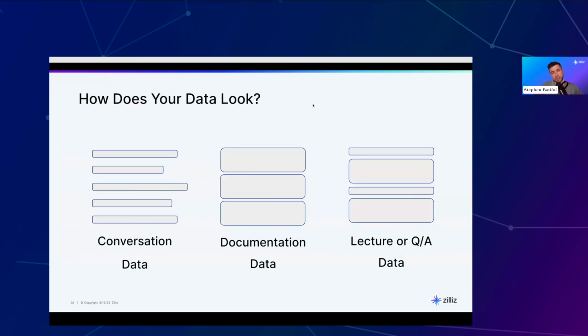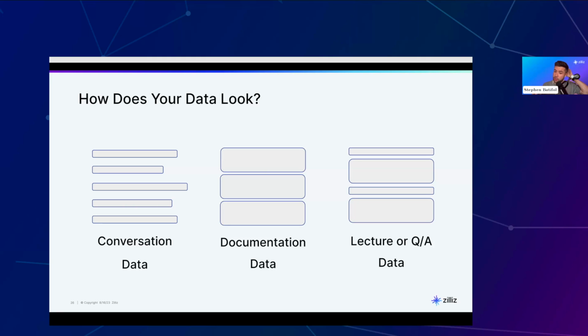Also, something very important is how your data looks. Is it mostly conversation data, or documentation data, or lecture or Q&A data? If it's documentation data, you may already have some chunks: you may be able to have a paragraph, and then you want to have some super chunks. So you want to add some information about the title or the heading. Those might be very useful for your data and for your chunks.